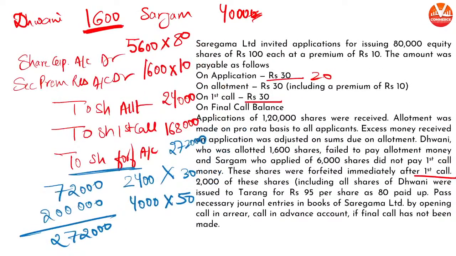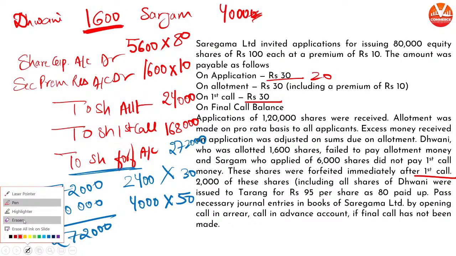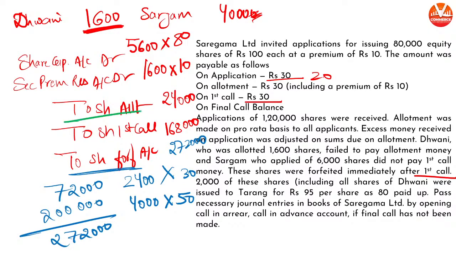Just a minute. I have recorded share allotment and share first call separately, but they have done the total. So 1,68,000 plus 24,000, it is 1,92,000. So they have recorded it together, but we will be recording it separately because that will be more clear.